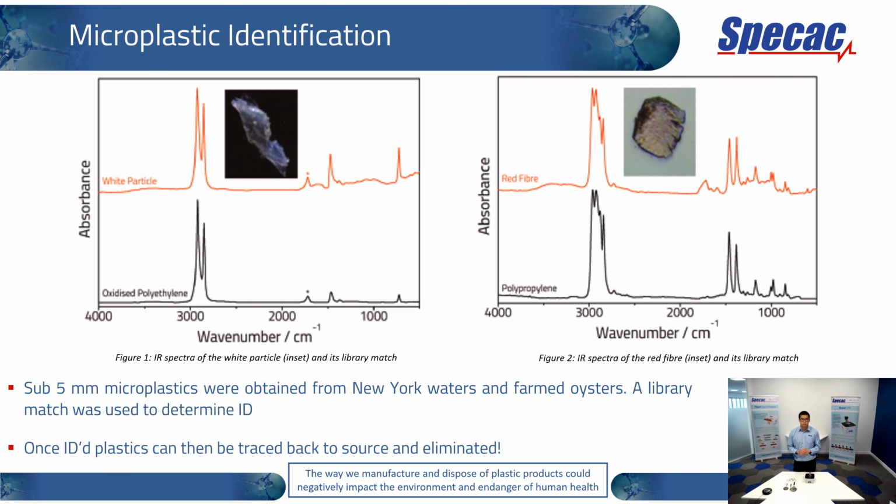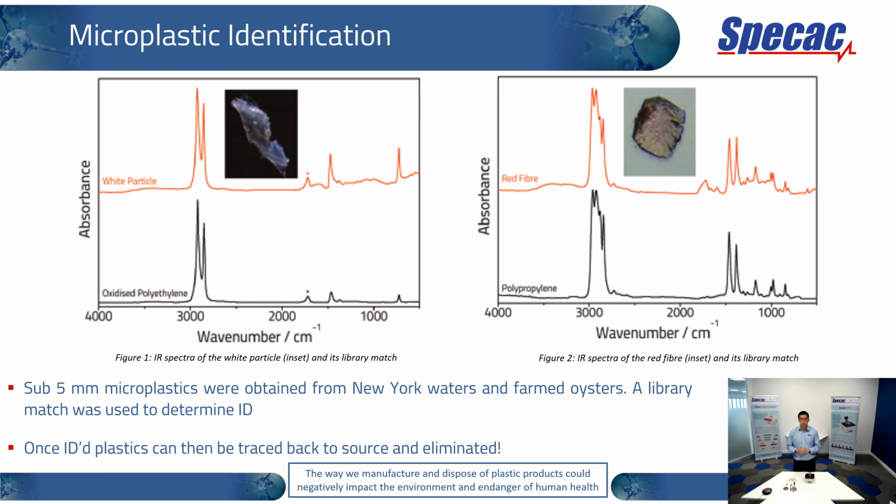So in figure 1 we identified the contaminant to be an oxidized polyethylene appearing as a white particle microplastic, and in figure 2 it's the polypropylene microplastic contaminant appearing as a red fiber in the farmed oysters and also the river water.